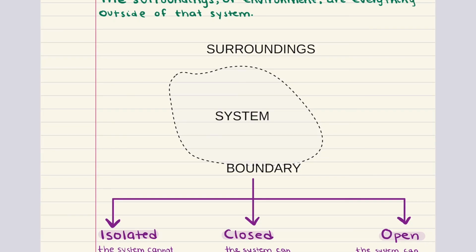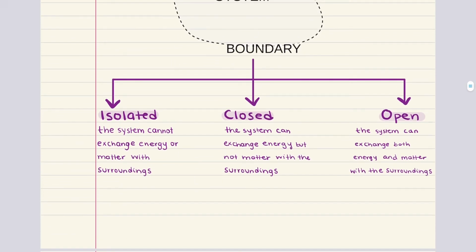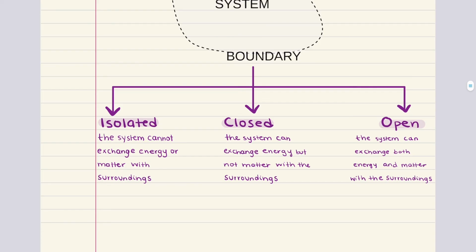Now, in defining the system and the surroundings, it's also essential to consider the boundary that separates this system from its surroundings. The nature of this boundary determines how energy and matter are exchanged between the system and its surroundings. Based on this interaction, we can classify systems into 3 main categories: isolated, closed, and open systems.